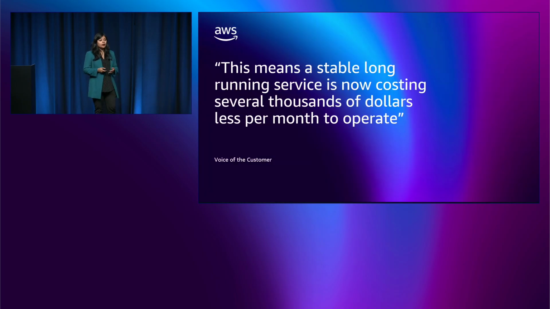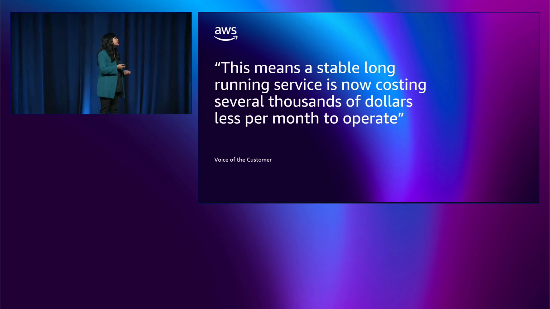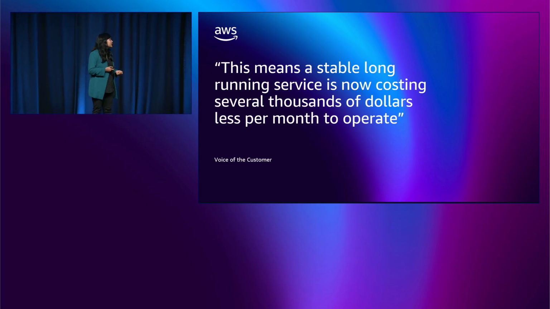This anecdote summarizes that the migration really helped them, and they were able to save several thousands of dollars per month. So this is one story where one of our customers moved from gp2 to gp3 and was able to optimize price and performance. You can also do that within the gp3 spectrum with the higher limits that we offer today.